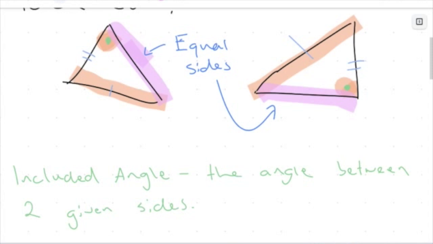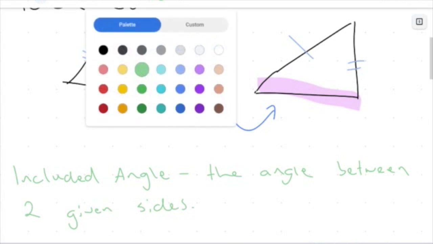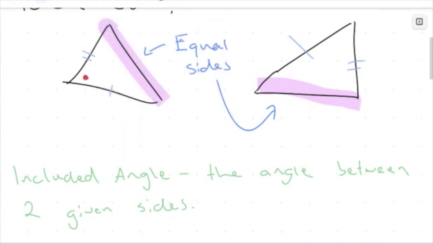Sure, we already know that these two angles are identical because their sides are identical already. Remember how I said before, all of this reduces back to side, side, side. We want to know something about this side and this side, and the only thing that's going to tell us about that is the included angle, this one in between here.